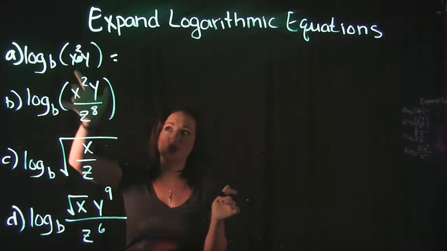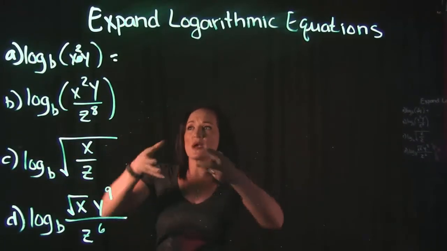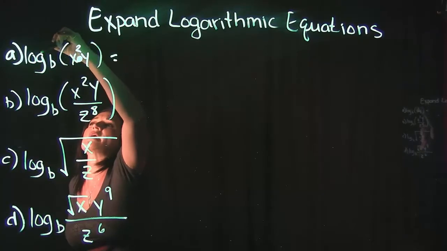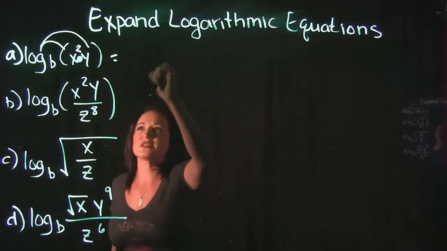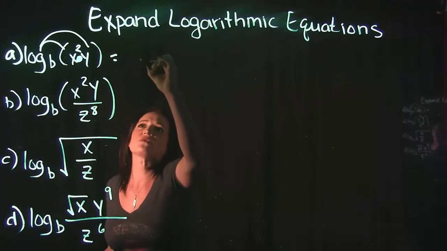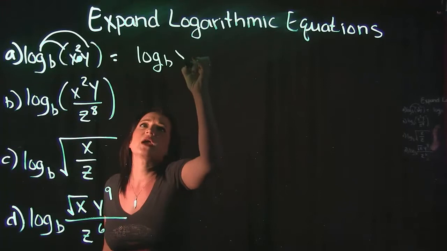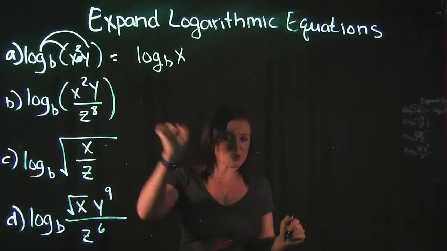Because I have two different terms, I have an x and I have a y. When we're expanding, we're taking this log and almost think about like distributing the log to everything inside the parentheses. I have an x and I have a y. So I'm going to distribute the log by doing this. Log base b of x, and then I have it times y.